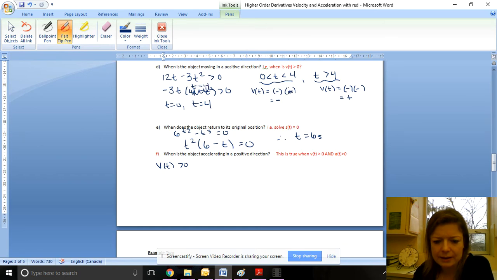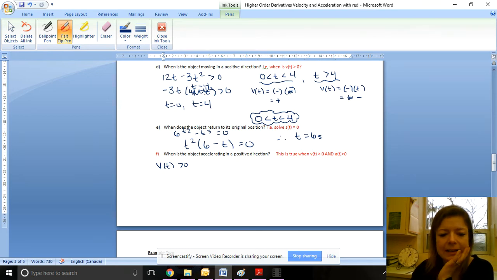So this here is a negative, and this is a positive, and this is a positive, and this is a negative. So the object is accelerating between 0 and 4 seconds. That's my problem, because I factored out a negative 3t. I made a mistake, so after I factor out a negative 3t, this should be negative 4, and this should be positive t. So then I just rearranged it.